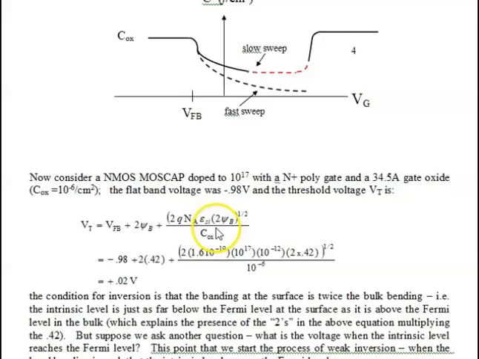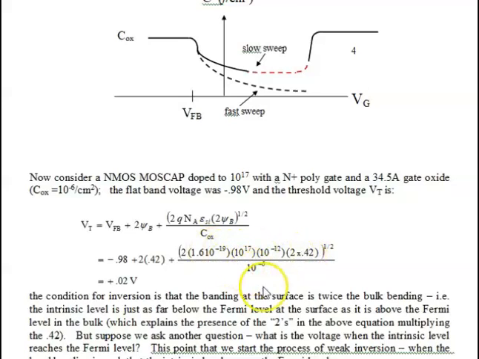The reason that we have the 2 phi-B is that the silicon surface is just as N-type as the bulk silicon is P-type. So it's N-type plus P-type, and the P-type is 0.42, so it's twice 0.42. That's why we have 0.84 and 0.84.